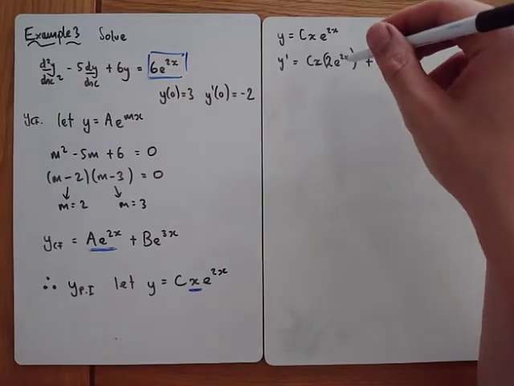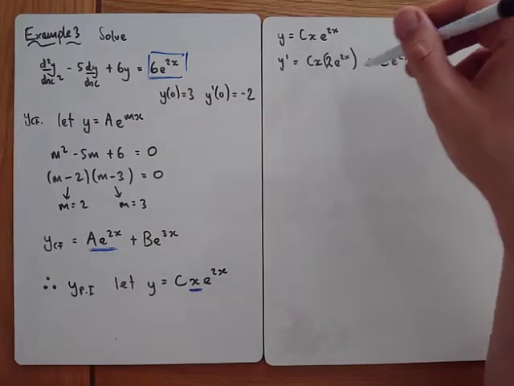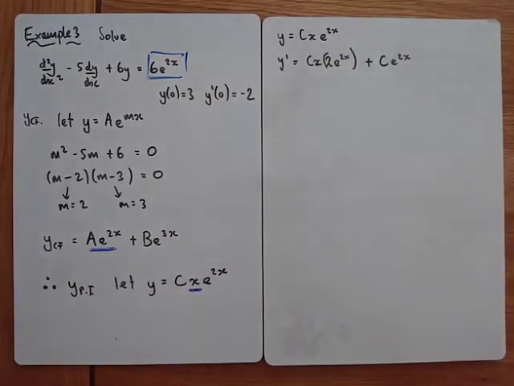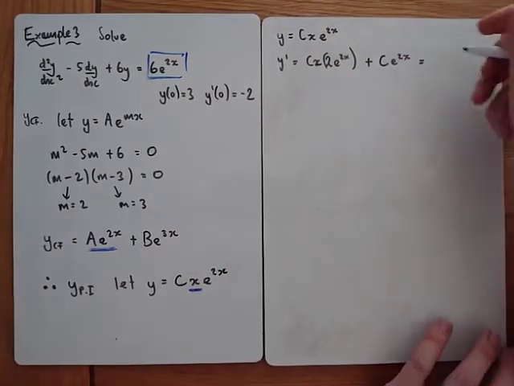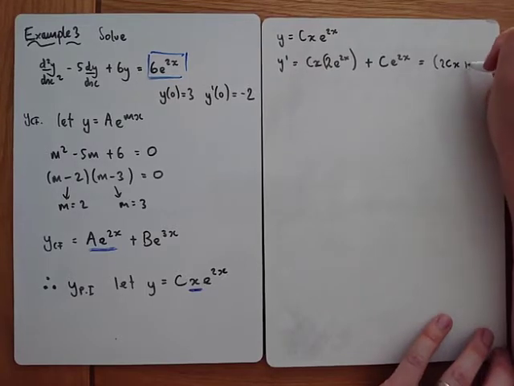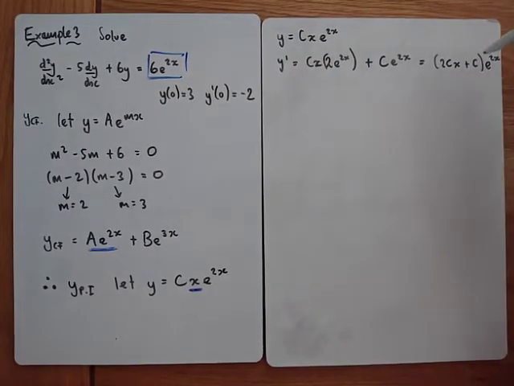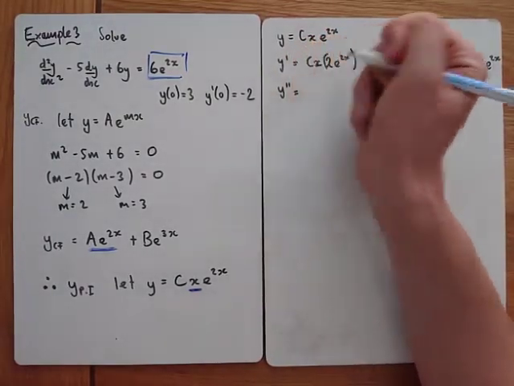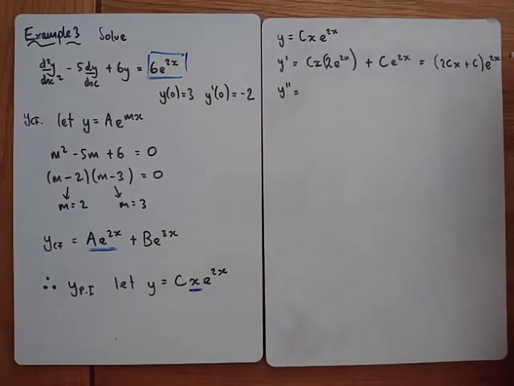There's a potential to rearrange this before you find the second derivative: you could take a factor e to the 2x out and write it as (2cx plus c) e to the 2x. That way you just do the product rule once on two functions multiplied together. It doesn't really matter as long as you're careful with your derivative. I'm going to use this form.